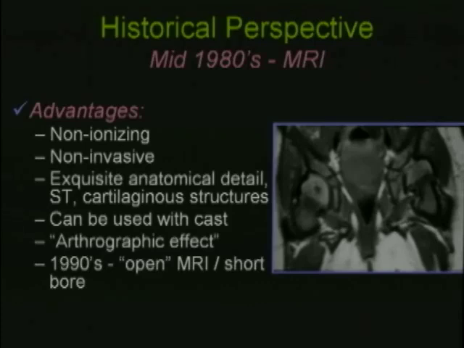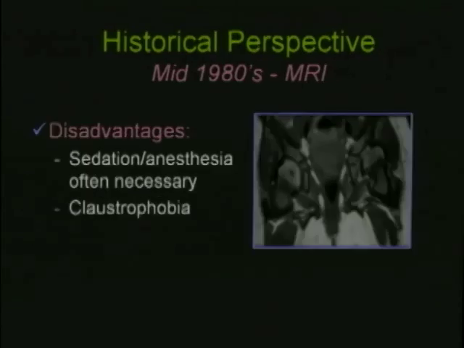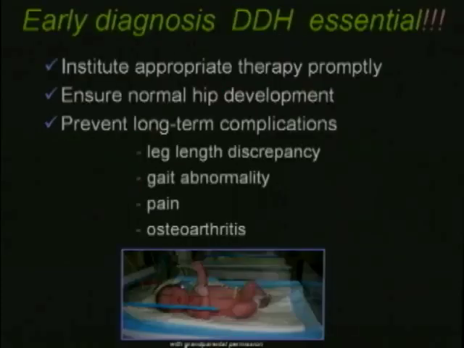We can use the orthographic effect of fluid in the joint, and with open MR and short bore, it is a little bit more acceptable, but it does in young children require sedation and anesthesia, and when they get older there's the problem with claustrophobia, and let's not forget either that it's certainly not a cost-effective modality, and most centers really don't have time to screen hips with the MRI.